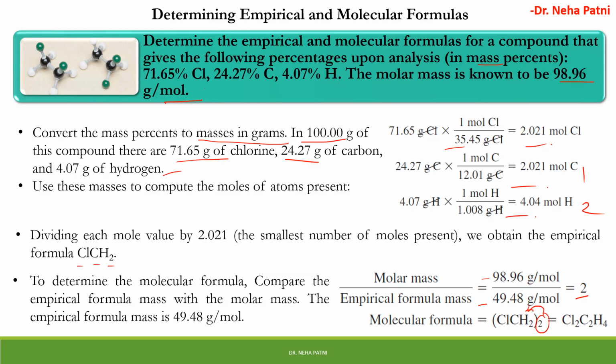So you multiply the integer with the empirical formula and convert it into the final molecular formula. Easy. So convert the mass percentage into grams and then find out how many moles are there, and then find out the molar ratios. That will give you the empirical formula. Find out n and multiply it with the empirical formula.